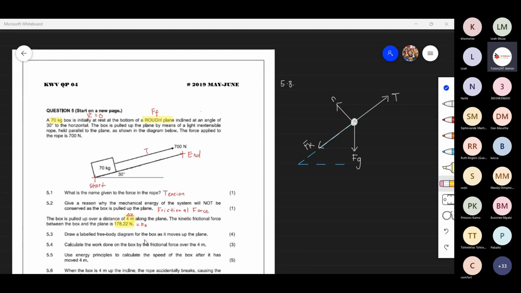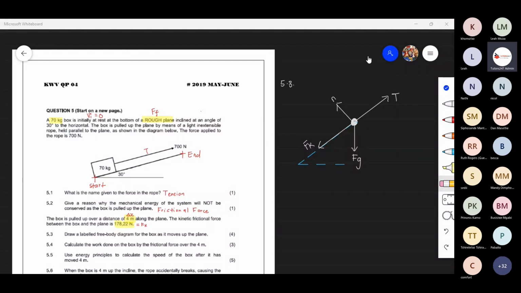Give a reason why the mechanical energy of the system will not be conserved as the box is pulled up the incline. Okay, so if you wrote applied force, that would be wrong. Keep in mind that there is no applied force acting in this scenario. This question does not have applied force.